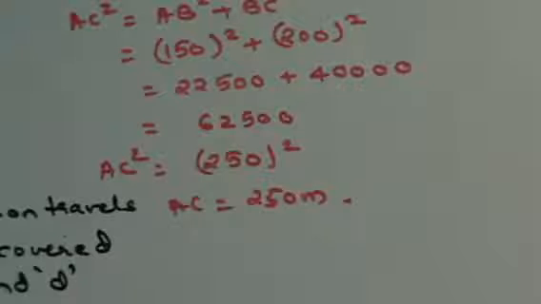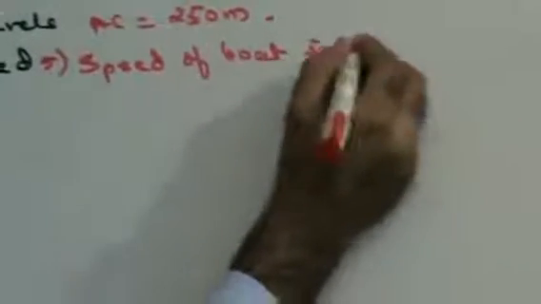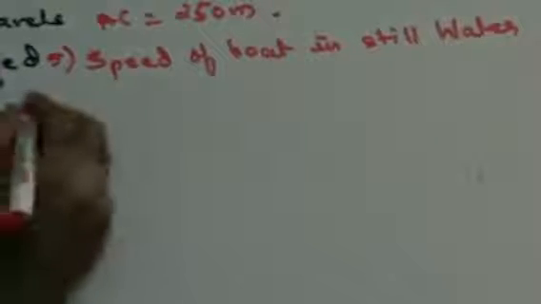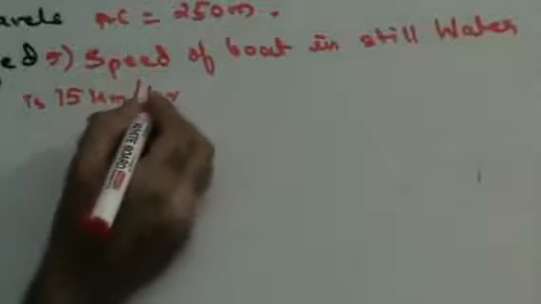Next, let's see another sum, guys. The speed of the boat in still water is 15 kilometers per hour.